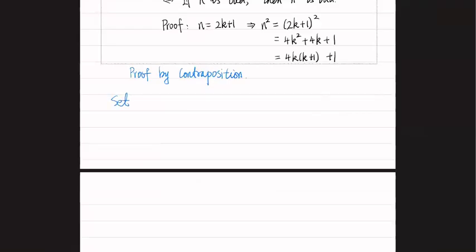Set. We use this for a collection of elements. A set.